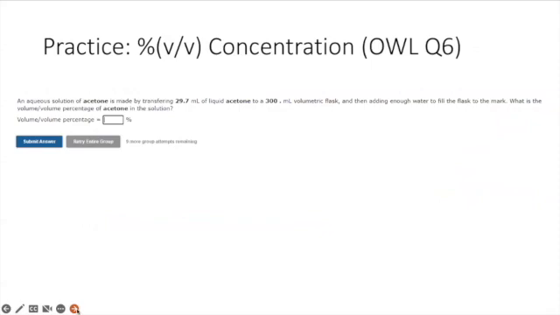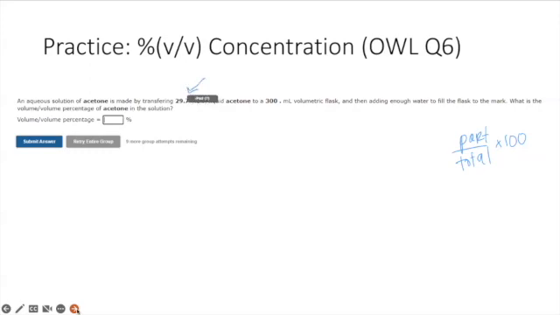So lastly, in the concentration category, we have our OWL question 6, which is asking for percent volume. So part over total times 100. Percent volume doesn't care about the units as long as they're the same on top and bottom.